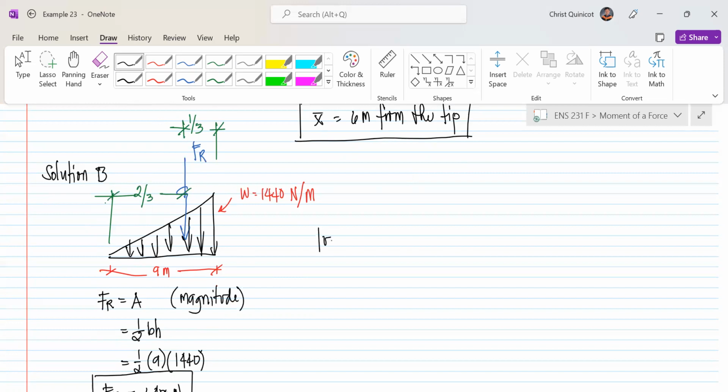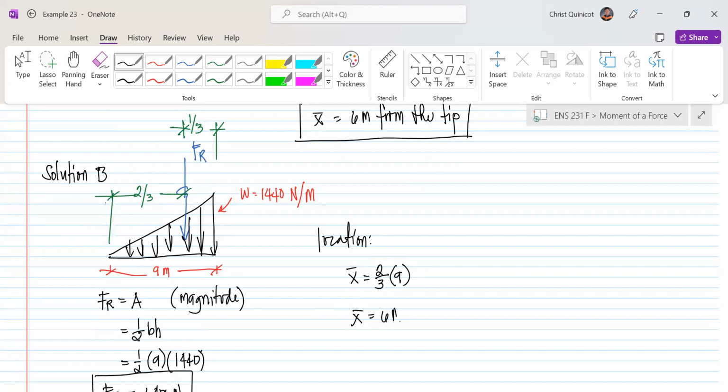So therefore, this is the magnitude, and for our location, bar x is equal to, if you want to measure it from the tip, 2/3 times our length, which is 9. So x is equal to 2 times 9 is 18, divided by 3 is 6.